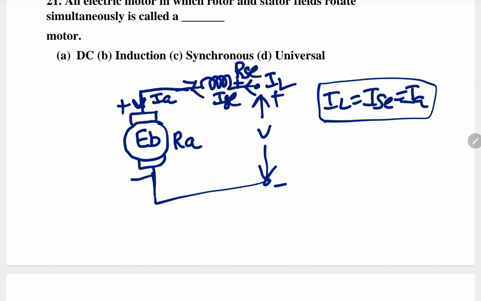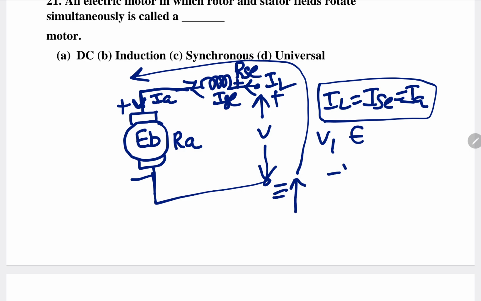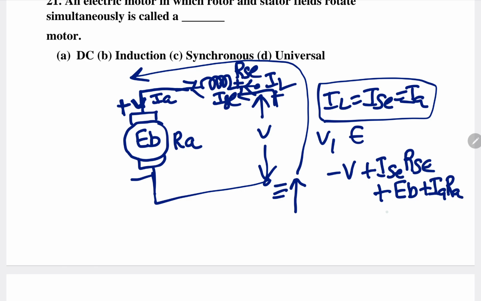To develop the relation between the voltages V and EB, we have to apply KVL. I am applying KVL in this direction. Coming across negative polarity first, minus V, then positive, plus Isc into Rsc, then plus first, plus EB, plus the voltage drop in the armature winding, Ia Ra. The voltage drop in the brushes, VBD, is 0 if I neglect it.